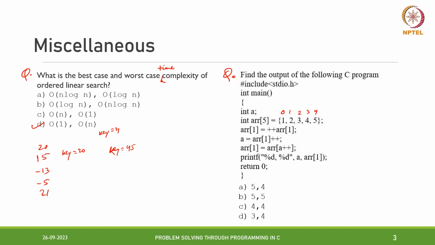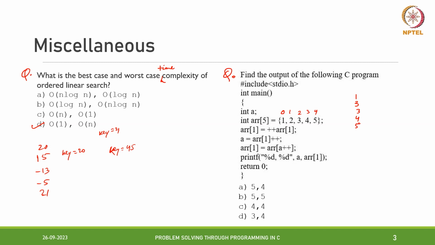So plus plus is a pre-increment operation. It will increment the value of arr of 1 by 1 unit, so arr of 1 is 2. So now the array becomes 1, 3, 3, 4, 5, right?